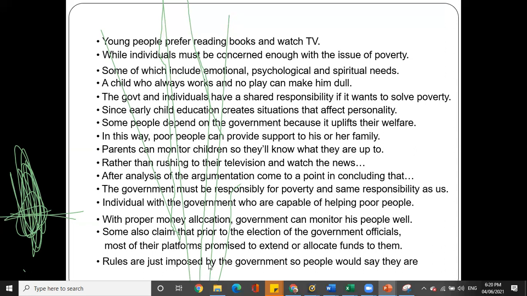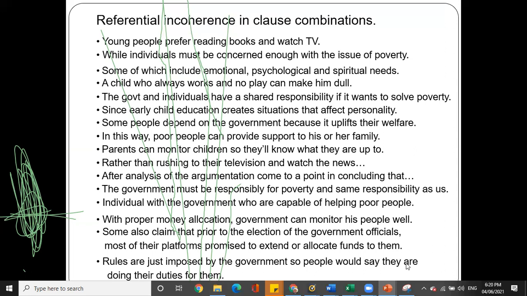And rules are just imposed by the government, so people would say they are doing duties for them. Them. Okay, I'm so lost as to what them refers to. Whatever, it's up to you, writer.